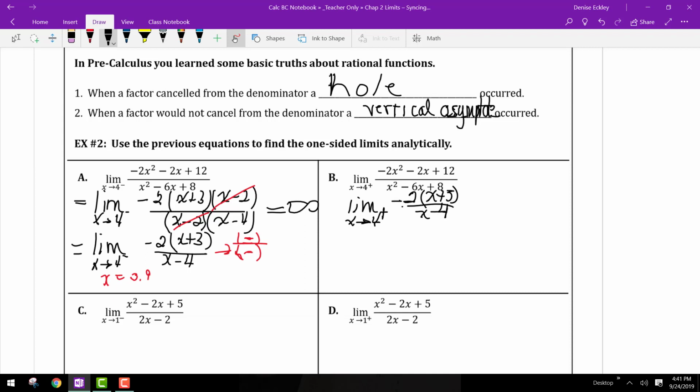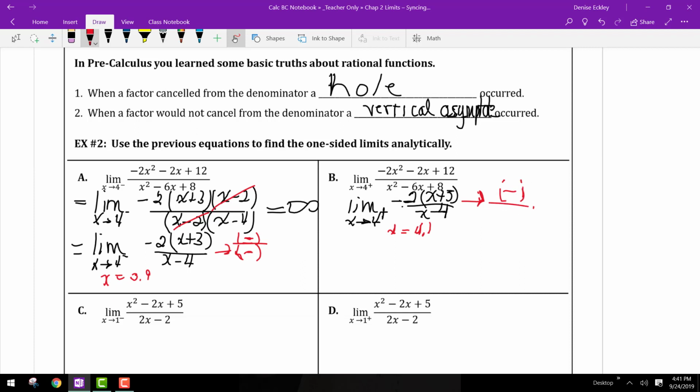I can't just do a direct substitution, so I want to think about this in terms of what happens if I'm just to the right of 4, like 4.1. What kind of signs will I have? I can see it's going to be unbounded, but is it going to infinity or negative infinity? I have 4.1 plus 3, so I have 7.1 times a negative number, so that's going to give me a negative.